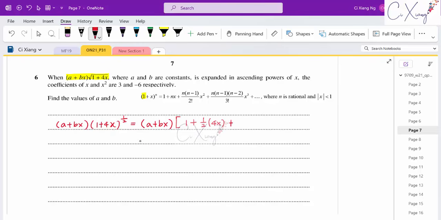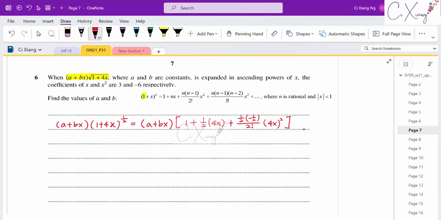Then how about the third term? So for the third term will be n minus 1. So n is half, n minus 1 become negative half, then divided by 2 factorial. Okay, then for this particular term here, x squared. X squared for us, we're having 4x, and then we have to square it. Right, so I think we just want to extend until this particular x squared term here.